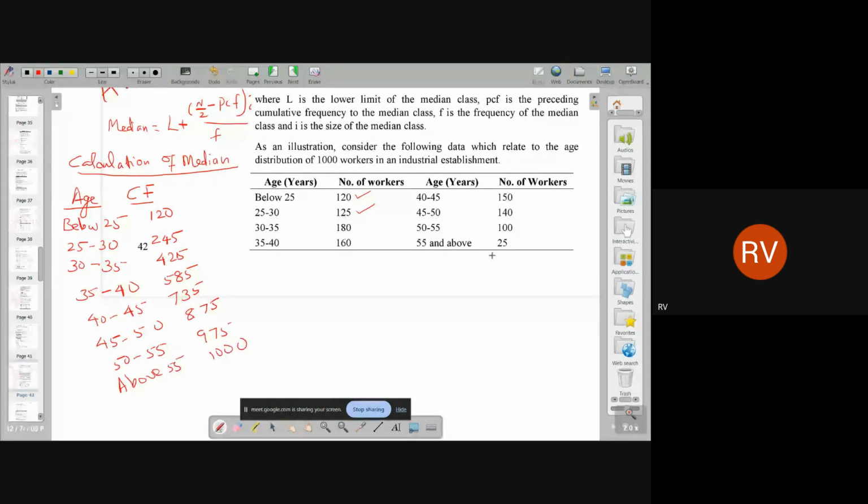That is, the total frequency is n equal to 1000.